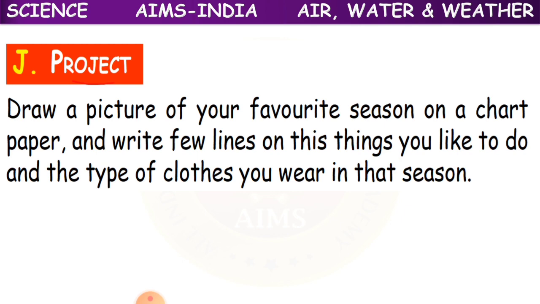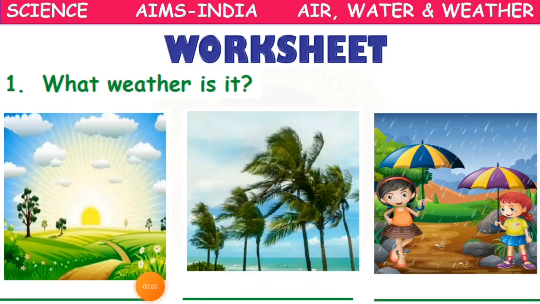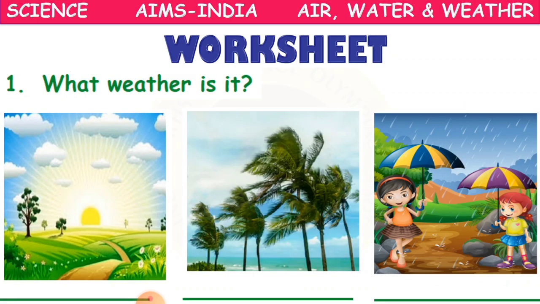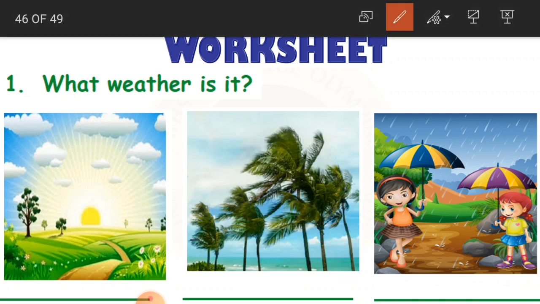Okay, children, here is a worksheet for you. There are pictures here and you have to identify what type of weather it is. See here in this picture, the first one. What do you feel it as? There is bright sunlight.